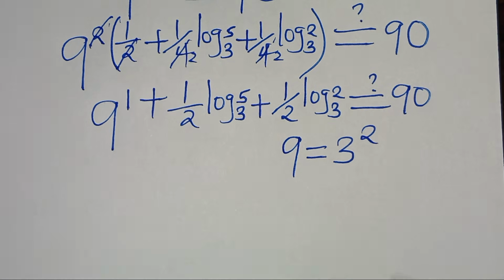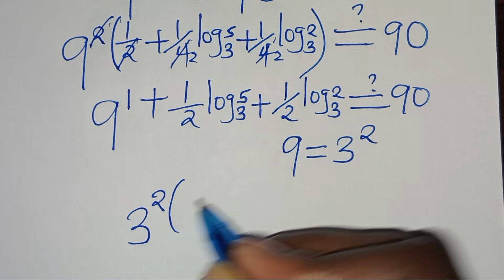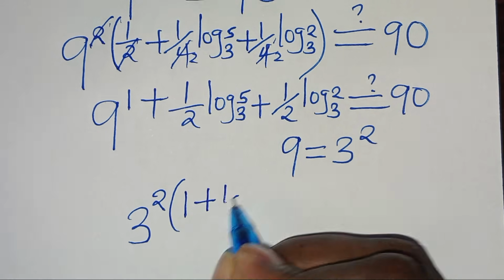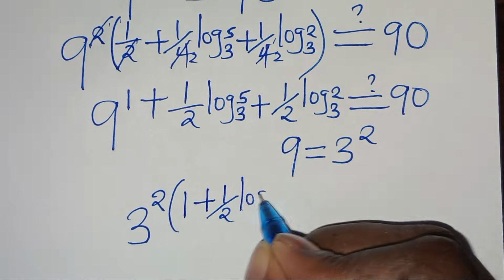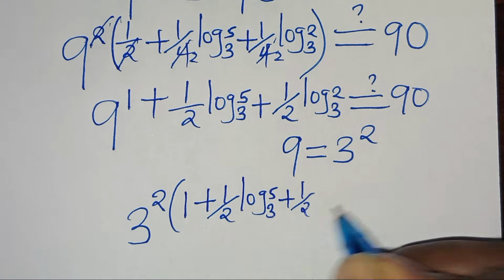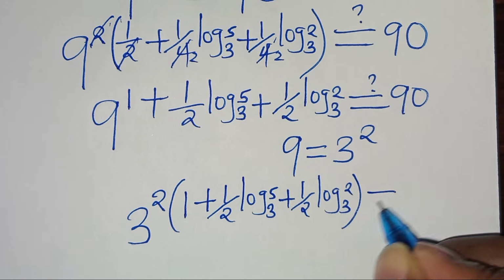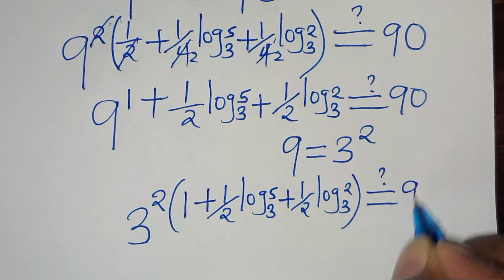So that now, here we have 3 to the power of 2 multiplied by 1 plus a half log 5 to base 3, then plus a half log 2 to base 3. This is supposed to give us a value of 90.